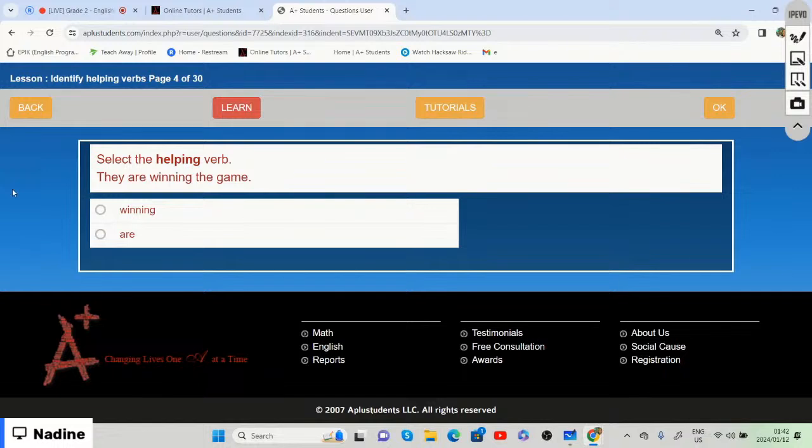Once again, we need to select the helping verbs. They are winning the game. We need to select the helping verb within that sentence.